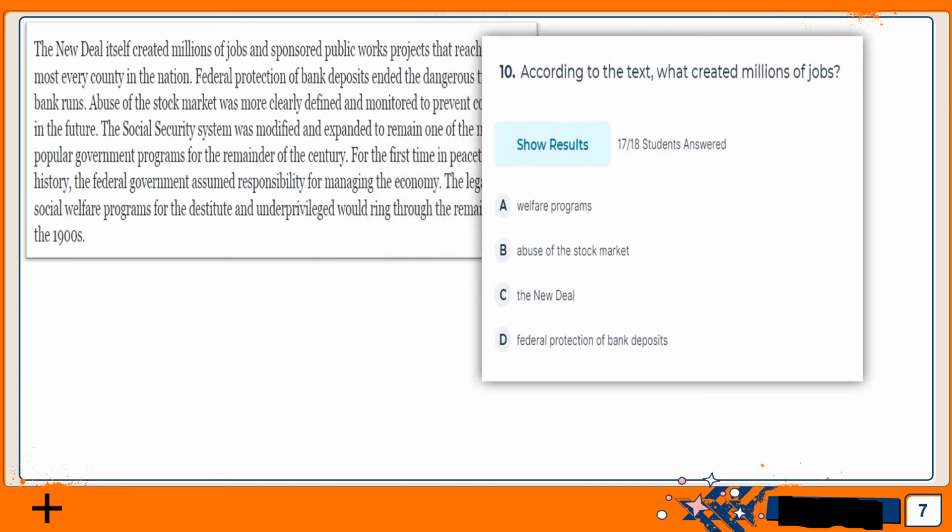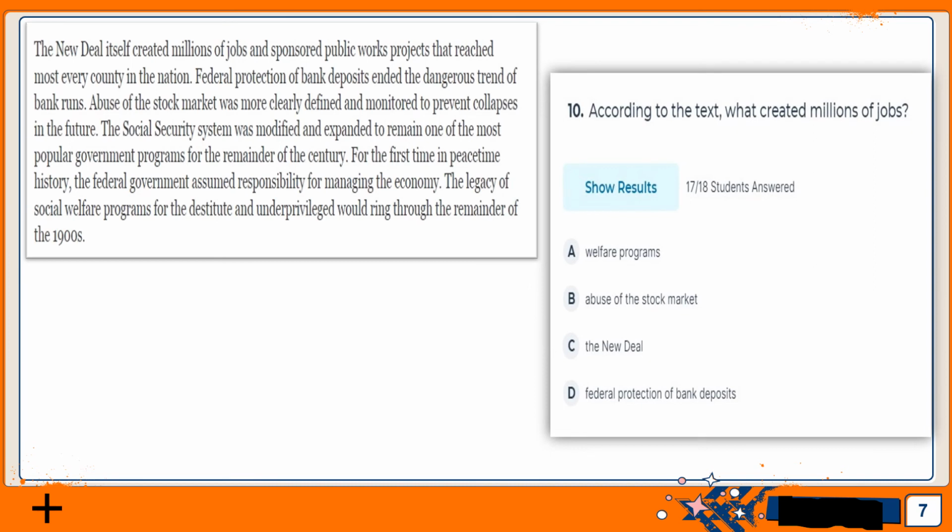So then if we look to our answer choices, it says, according to the text, what created millions of jobs? If we see choice A, we don't see that in the first sentence. If we look at choice B, we don't see it in the first sentence. Now if we look at C, we see the New Deal.